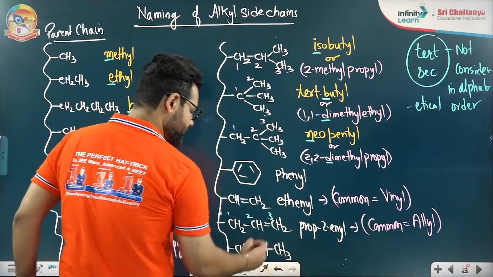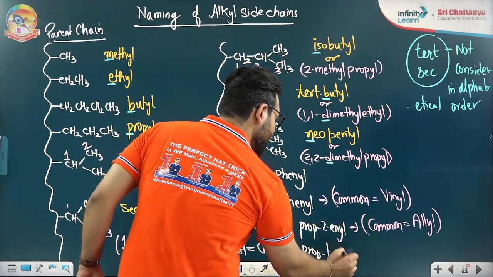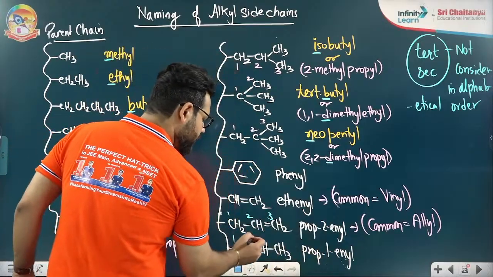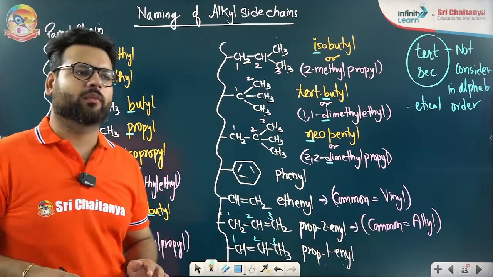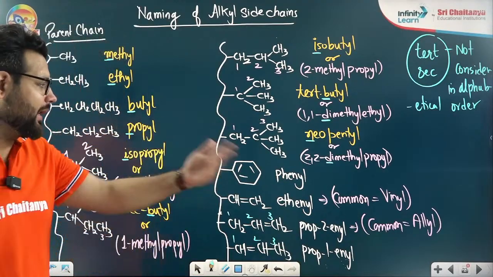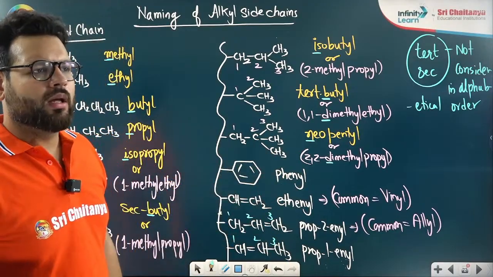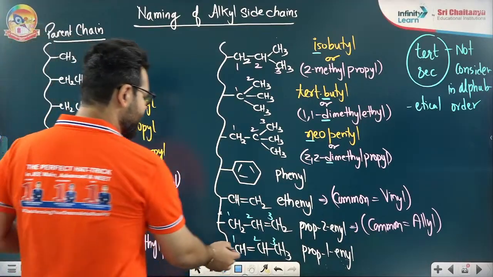This is just prop-1-enyl. It is the IUPAC name, but it is not called allyl. So this is how you need to do the naming of alkyl side chains.